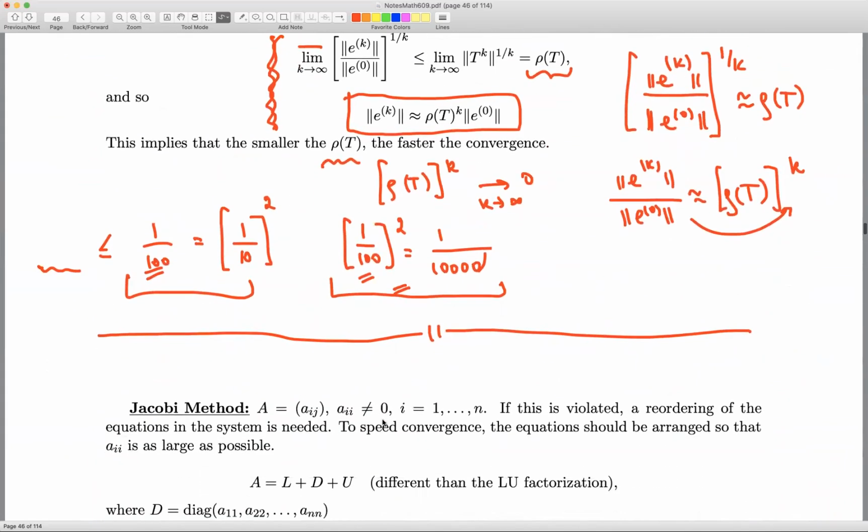So now we start describing 3 iterative methods that we're going to discuss in this class.